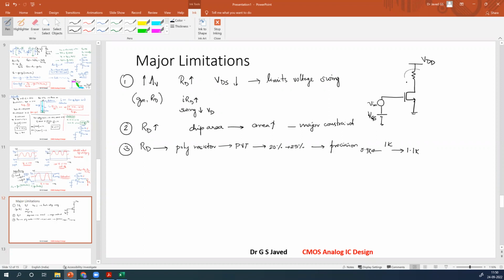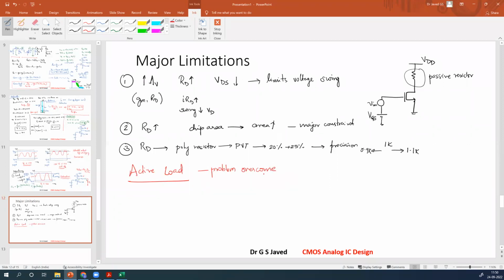So this is a passive resistor, right, the load. Now you will introduce something called an active resistor or an active load, which will overcome this problem.